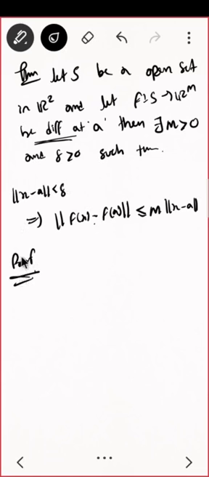Let us first quickly write the differentiability definition. F is differentiable. Do you see that here norm of f of x minus f of a is less than or equal to M into norm x? Do we have any role of epsilon here?